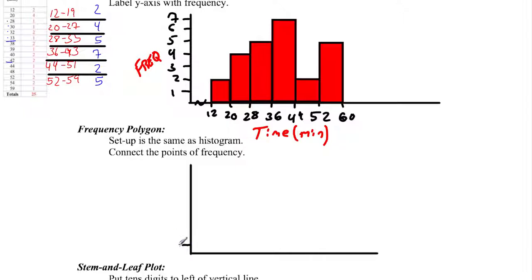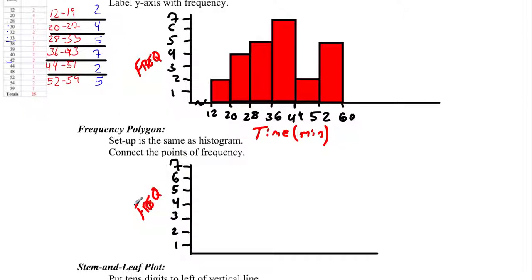So again, on the y-axis, I'm going to label my frequencies. The setup is the same, with the same bins and the same calculations. So rather than doing that from the start, I am just going to use my setup from the previous problem.